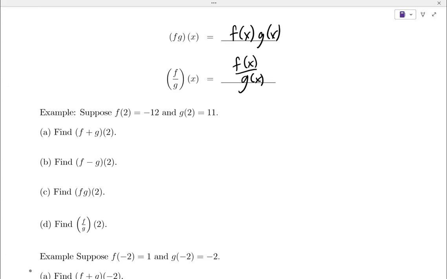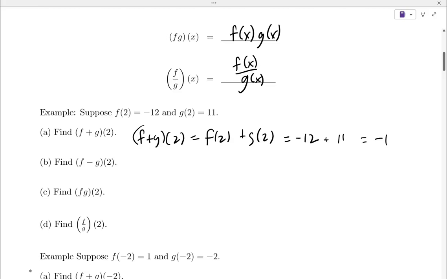It should be -1 at the end, right? Because according to the definition, f plus g of 2 is equal to f of 2 plus g of 2, right? We're told what f of 2 is. It's -12. We're told what g of 2 is. It's 11. When we add those two things together, we get -1. So we just take the outputs and add them together.